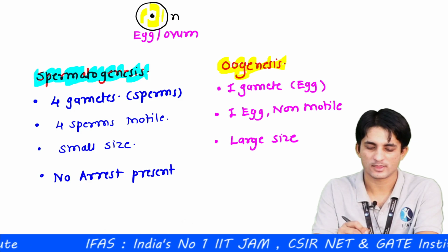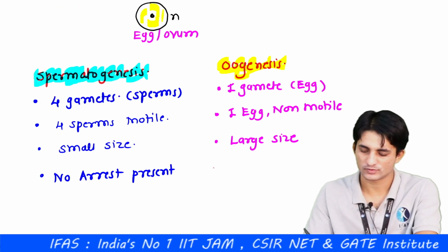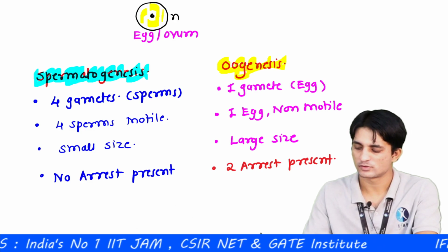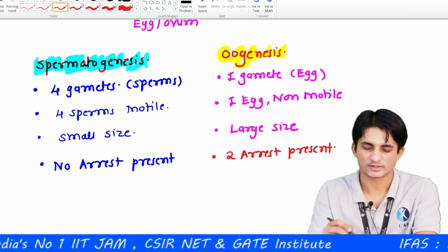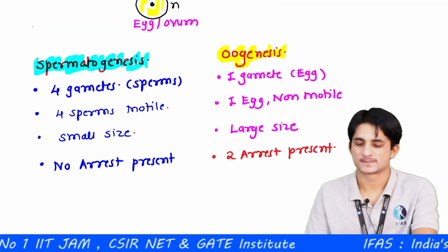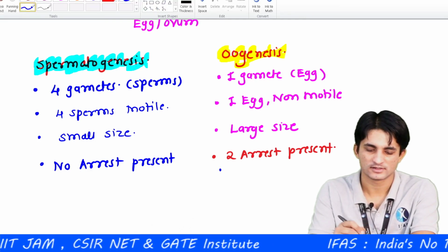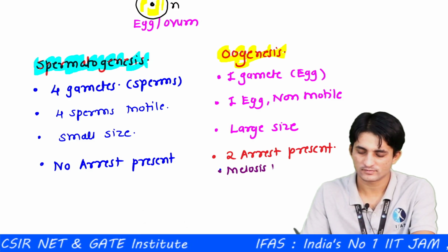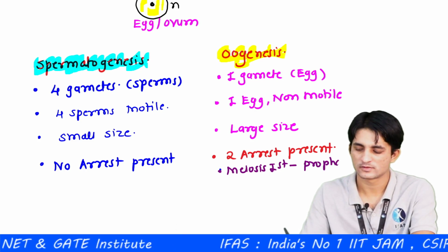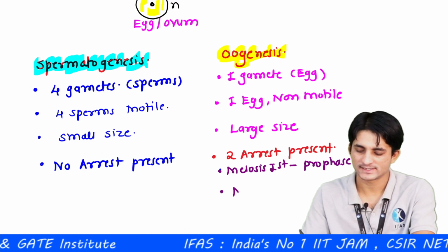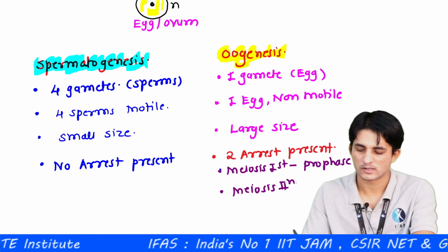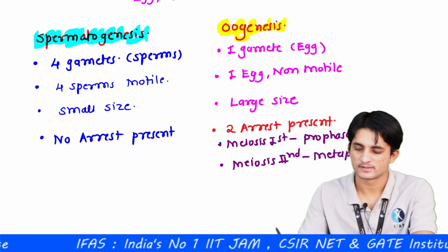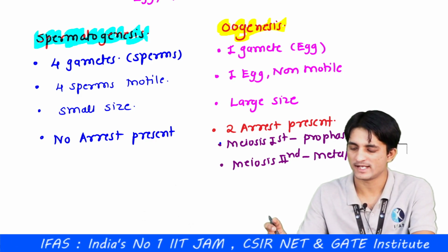In oogenesis there are 2 arrests present. One is in meiosis first, at prophase first, and the other in meiosis second, at metaphase second.